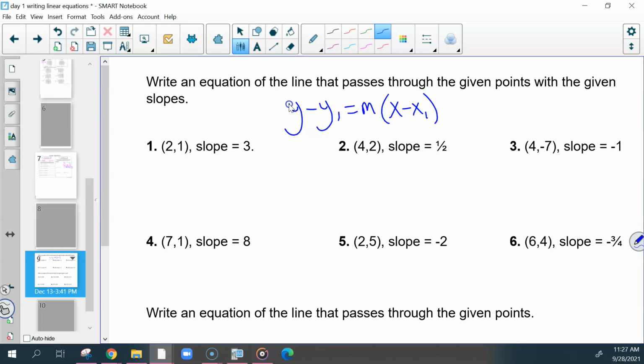This is called your point slope formula. And we use this when we have to write an equation and we're given a point and a slope.